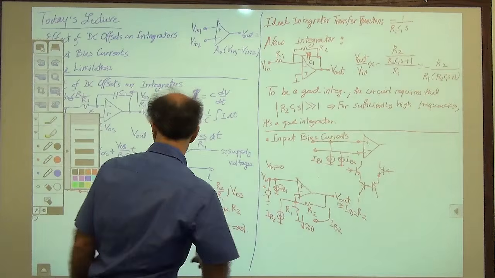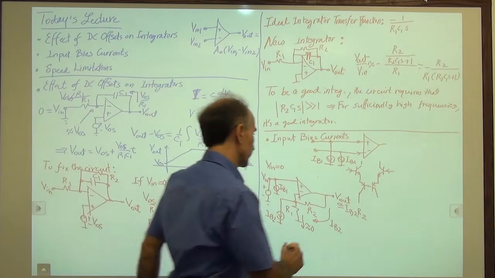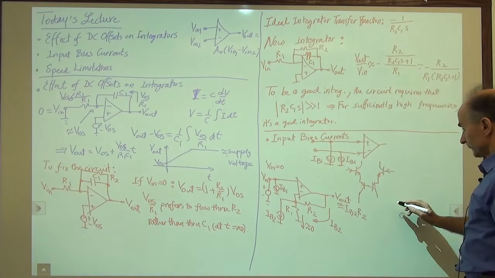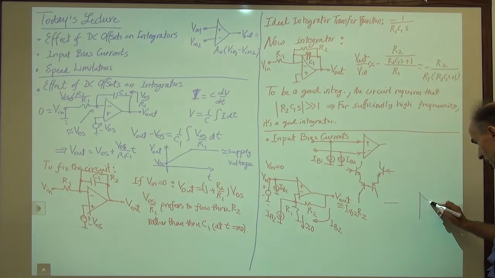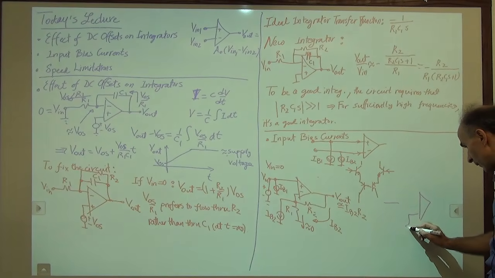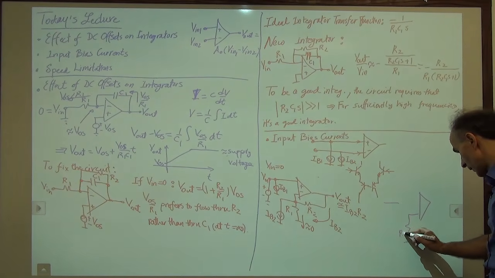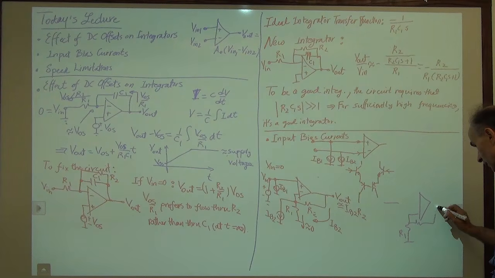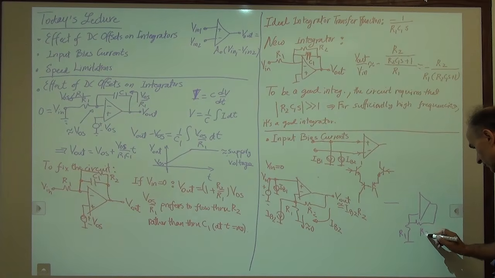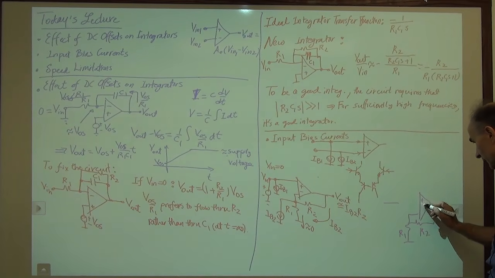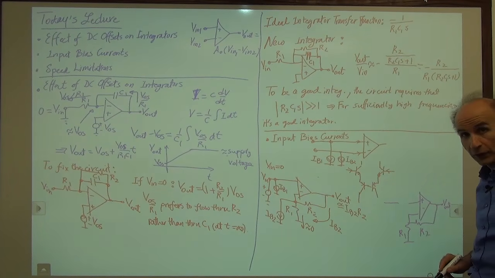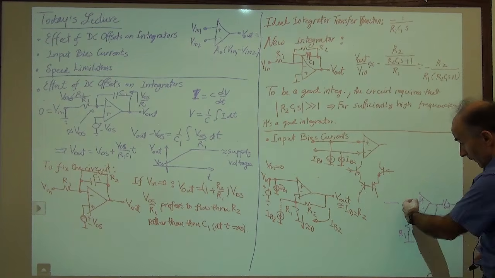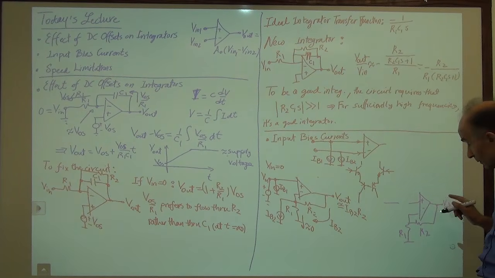So let's go ahead and do this. We redraw the circuit, and this time we still have all of that stuff: R1, R2, positive, negative, V out. I'm trying to generate a voltage in series with this input so as to null the output.